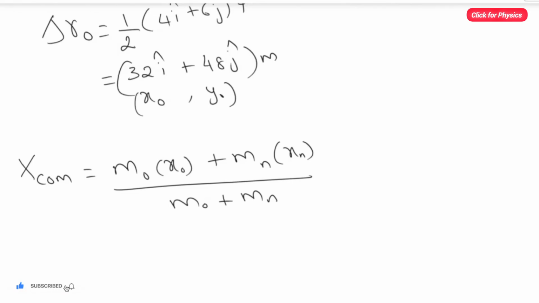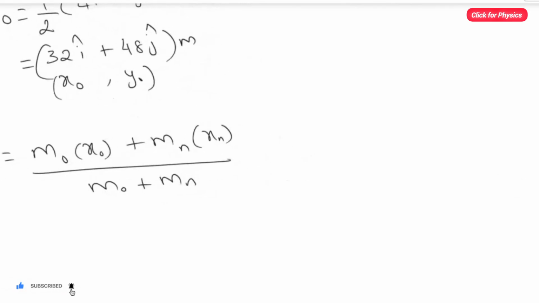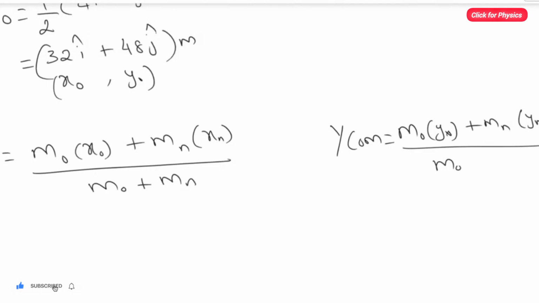Clear? Likewise, we write the same rule for y center of mass: m_o multiplied by y_o plus m_n multiplied by y_n, divided by olive mass plus nut mass. So don't get confused about O and N. O stands for olive and N stands for the nut.